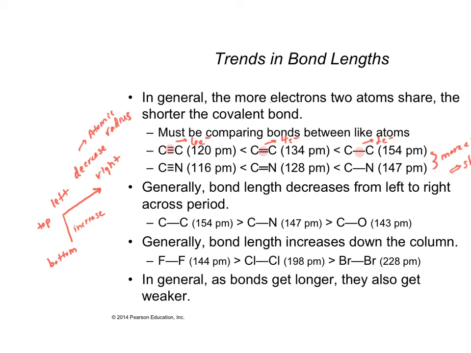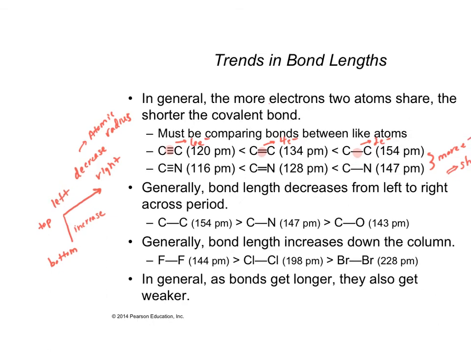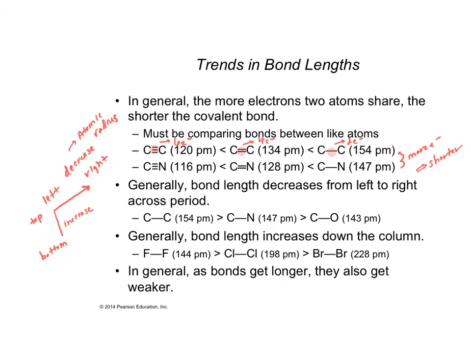The smaller the atoms making up a bond, the smaller the bond length, okay? So if we compare bond lengths between atoms moving across a period, for example the bond length of carbon to carbon, or carbon to nitrogen, or carbon to oxygen, who has the smallest atomic radius?